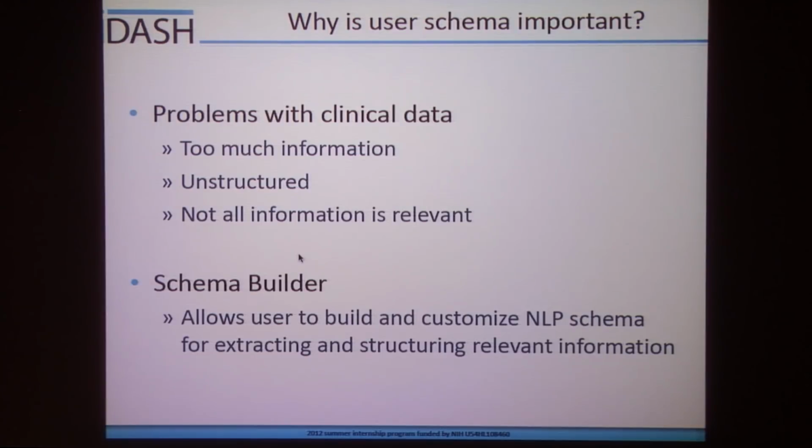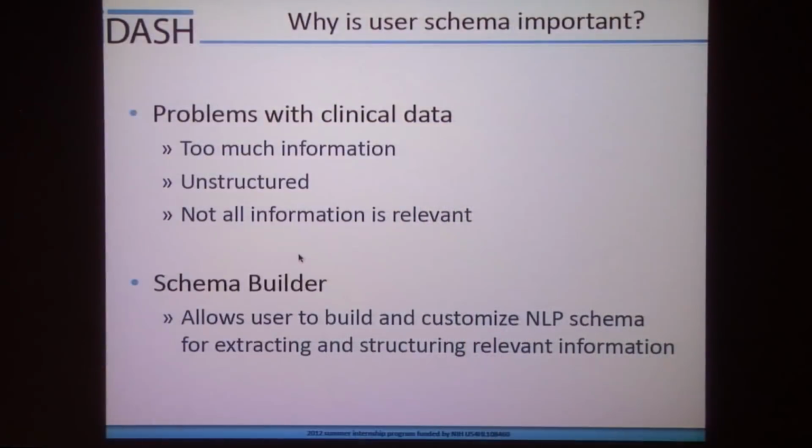And because all of these records are written in free text, a lot of the information is highly unstructured or unorganized. So sometimes the dates and names are in the wrong place, or the information can be duplicated somewhere else. And last but not least, not all information is relevant to the needs of the specific user.